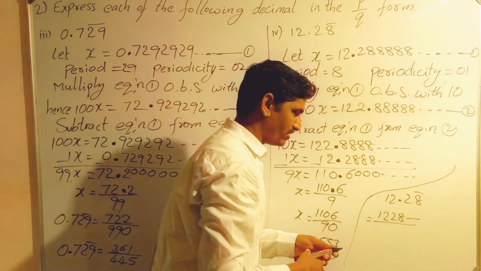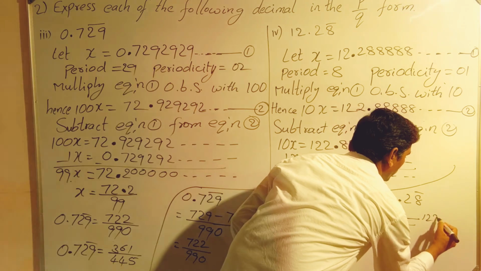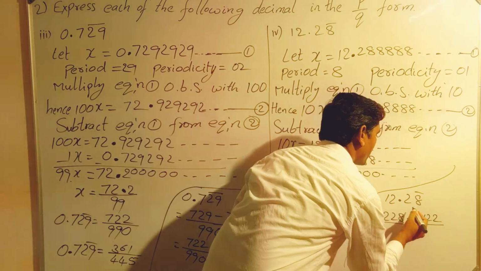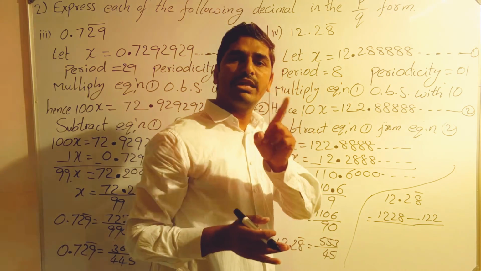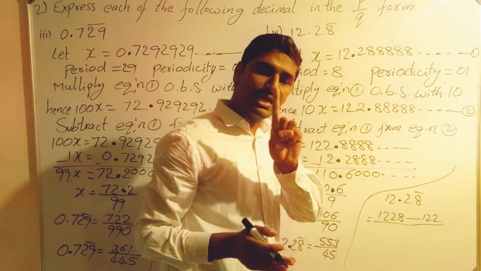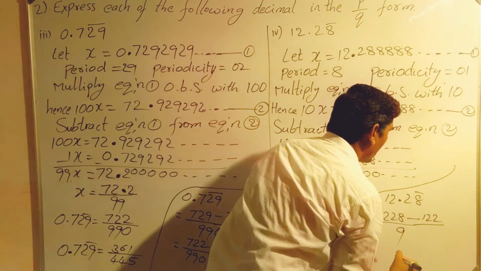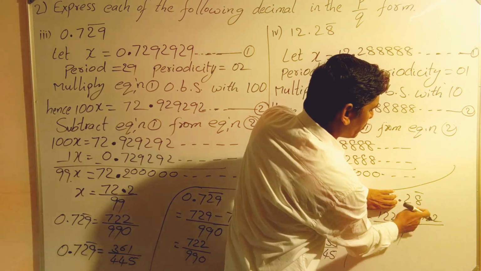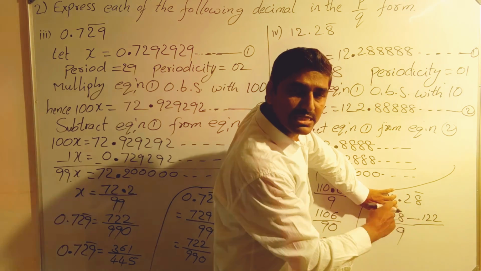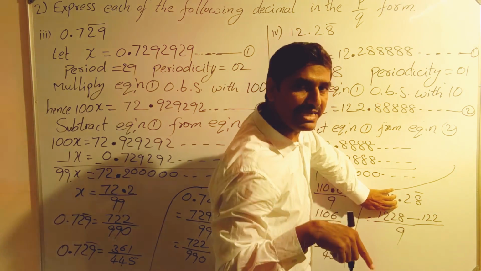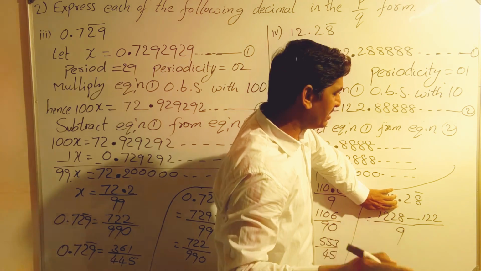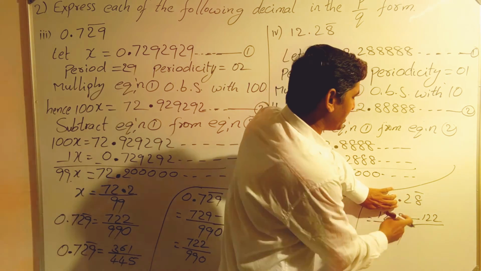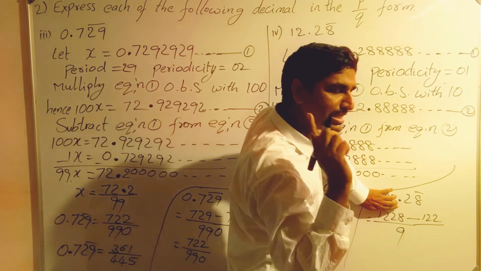Then by how many decimals are repeating? Only one decimal is repeating, so 9. How many decimals are not repeating? After the point, 2 decimals. Only one decimal is repeating, so we write 9. One more decimal is not repeating, so 0.